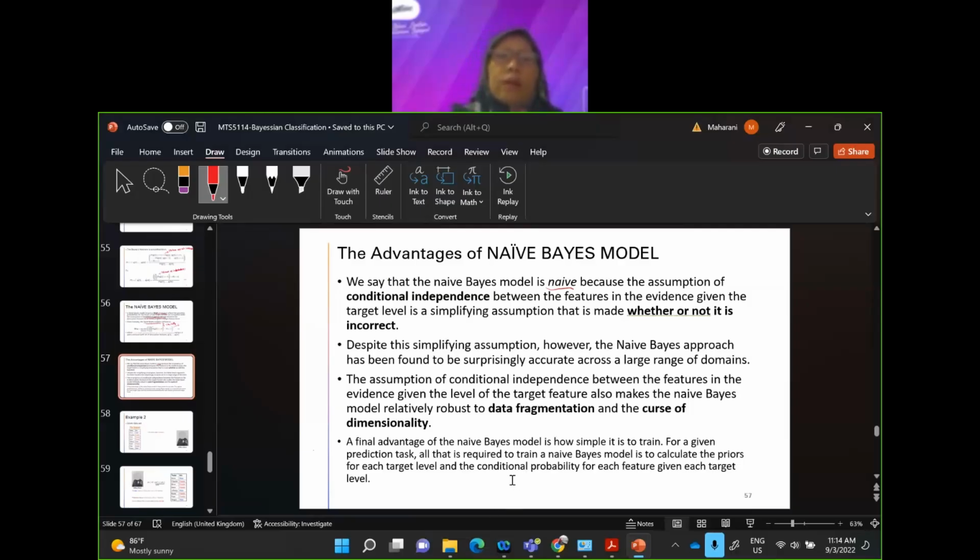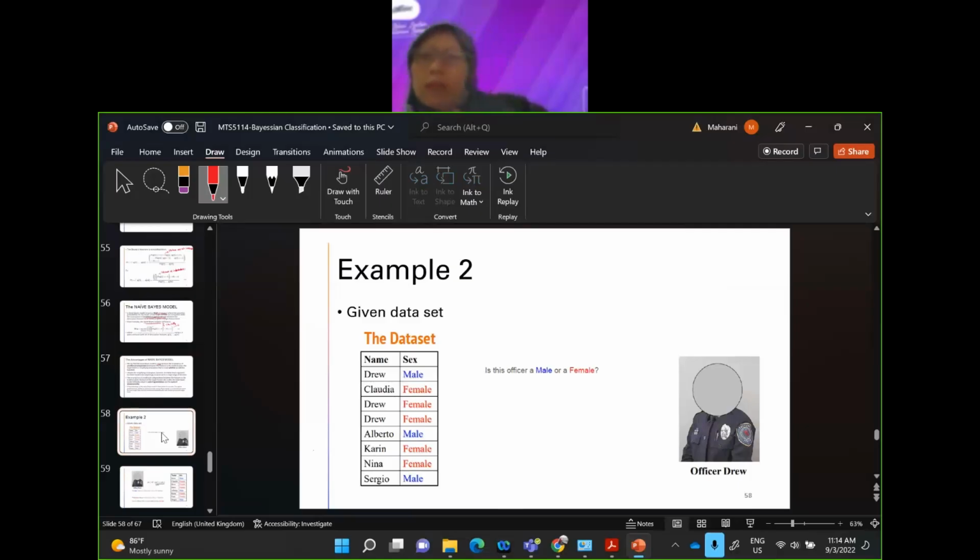In machine learning, Bayes theorem or the naive Bayes model is used to optimize the result of the prediction. Let's have a look at an example of how to use the naive Bayes model.